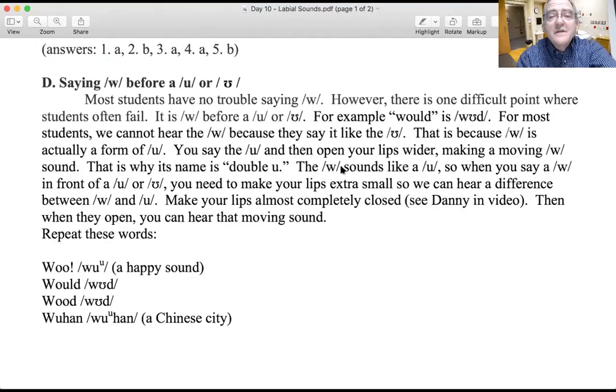Okay, the W sounds like a U. So when you say a W in front of a U, you need to make your lips extra small so we can hear a difference between W and U. Make your lips almost completely closed. Okay, see Danny in the video, here I am. For the word would, yes I would, okay, usually it's water, but for the wood, it's even smaller.